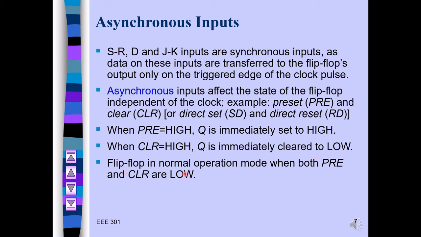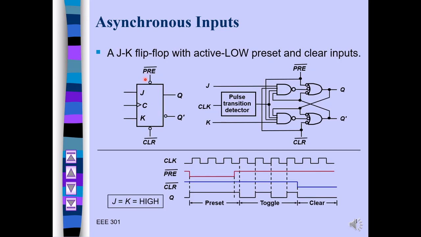For normal operation, when preset and clear are not active, our flip-flop operates in the normal condition. Preset and clear are active low. So when our preset is low, the output will follow the preset.